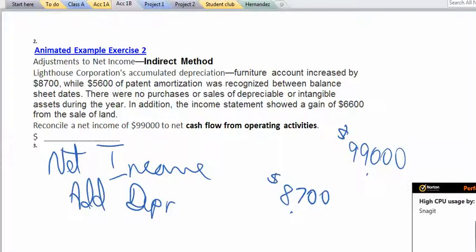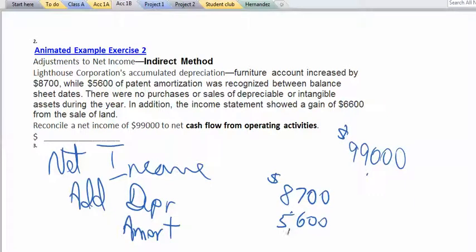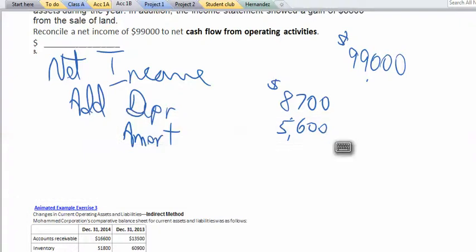I'm also going to add back my amortization, the amortization being $5,600. So I'm going to add both of those back as an item to our net income because those are reported as an expense on the income statement but did not require an outlay of cash. So my additions are going to be $8,700 plus the $5,600.